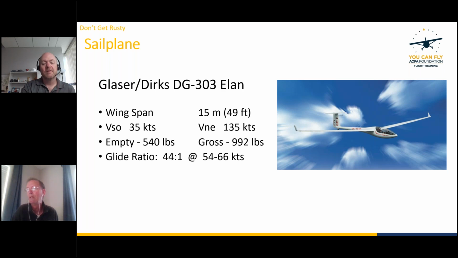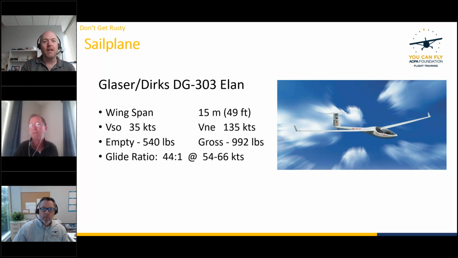And so you see this 44 to 1 ratio at 54 knots to 66. When the glider is fully loaded with the water ballast and flying at its gross weight, it achieves 44 to 1 at 66 knots. Without that water, it achieves the same glide ratio at 54 knots. So, interesting dynamic. I'm assuming that's something you calculate before flight, and then you'll know what your speed to fly is that day. Maybe we'll do that in a future presentation.